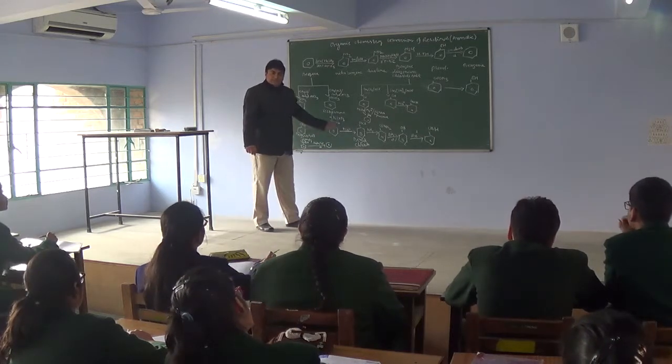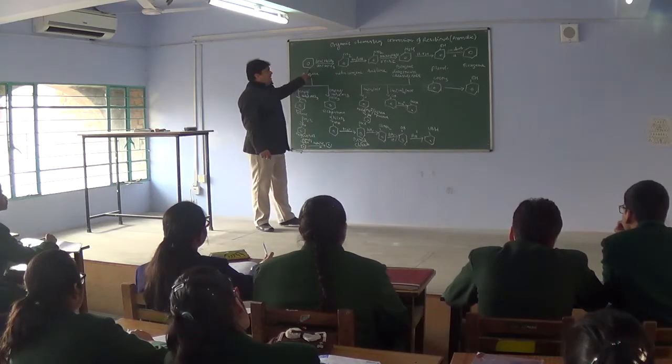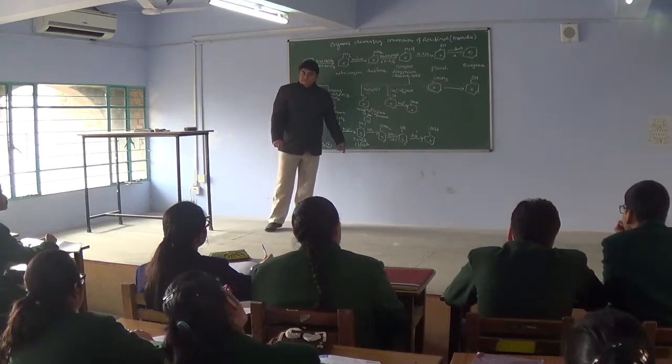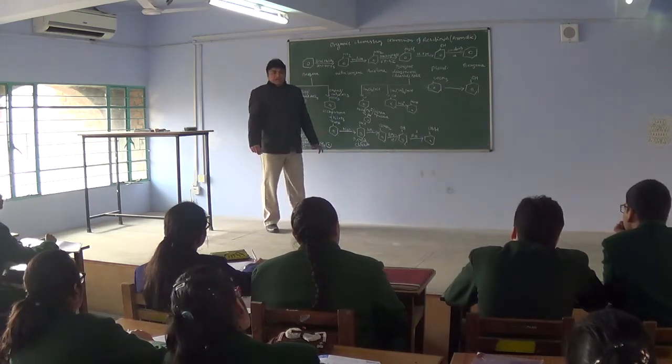Benzoic acid can be easily decarboxylated into benzene. That means you are right there. From there, you can produce phenol in that path. Clear? So do we have to memorize all this? Of course not, this is the trick. So how will you proceed?